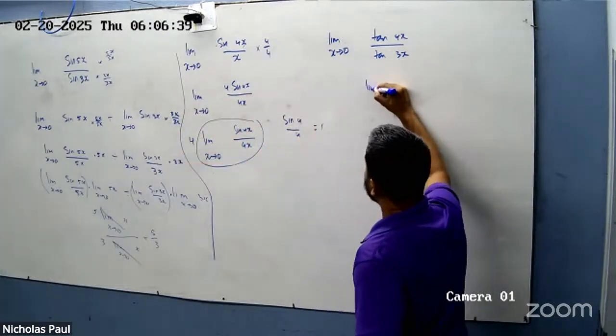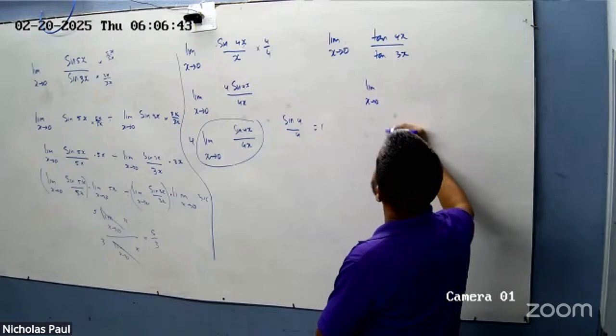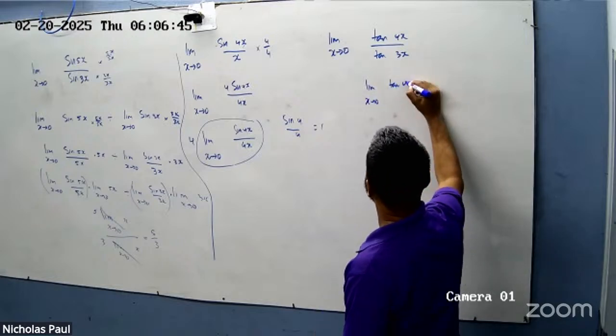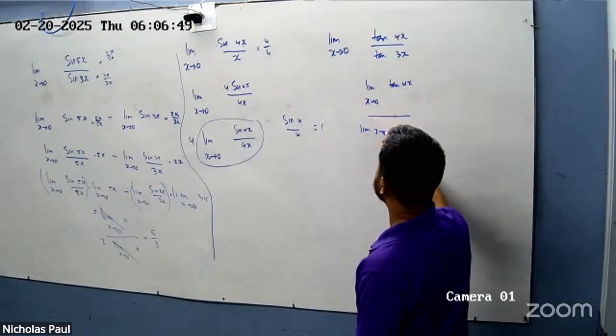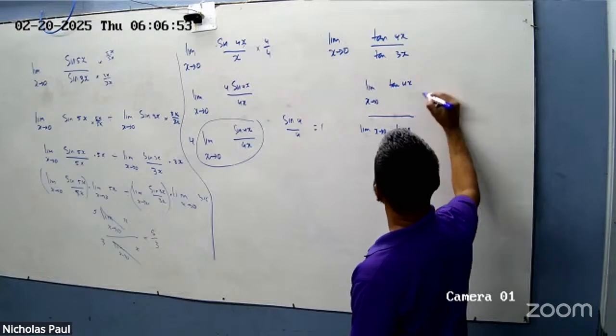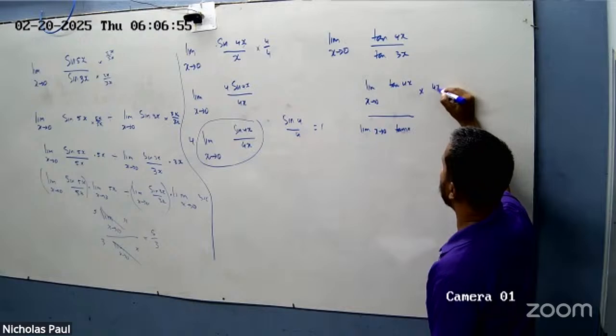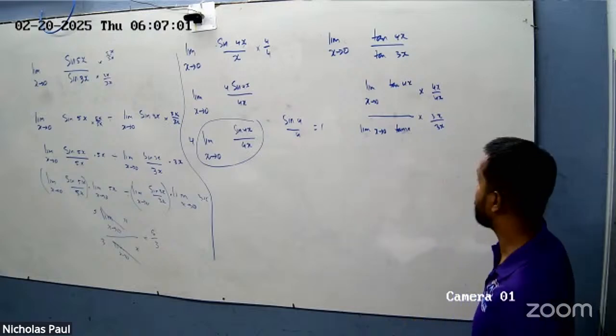So again, the limit as x approaches 0 of tan 4x over the limit as x approaches 0 of tan 3x. Here, you're multiplying by 4x on 4x. Here you're multiplying by 3x on 3x.